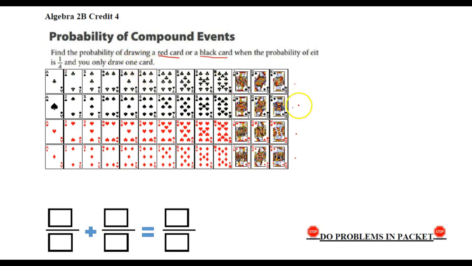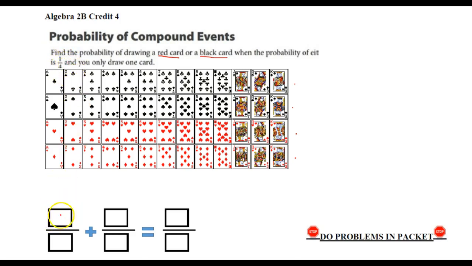So I'm going to draw at least one card from all of these cards, and we're going to try and find the probability of either of these things happening. They do tell me that the probability of this happening is 1/4 already. If you're wondering how they got that, we can count and simplify, but let's say it's 1/4 because they already told us that.